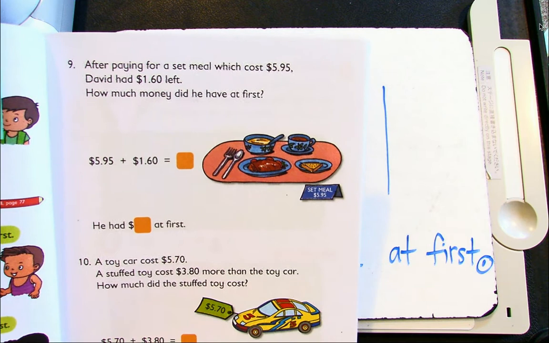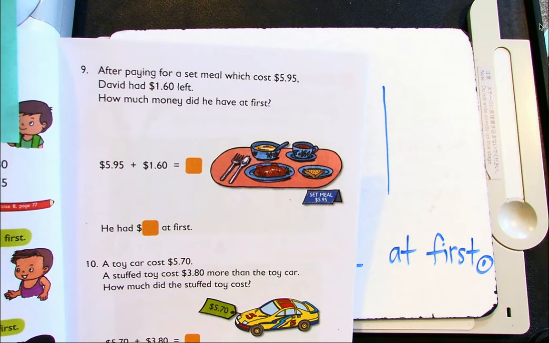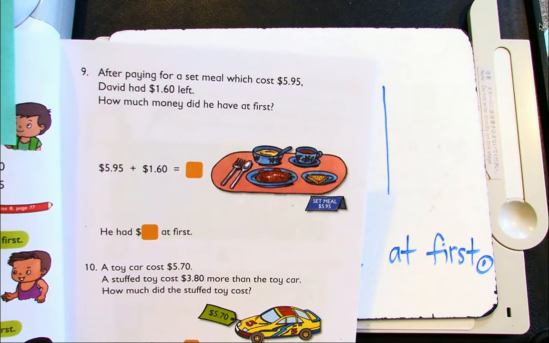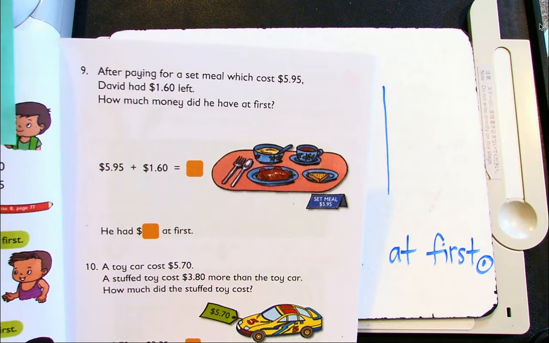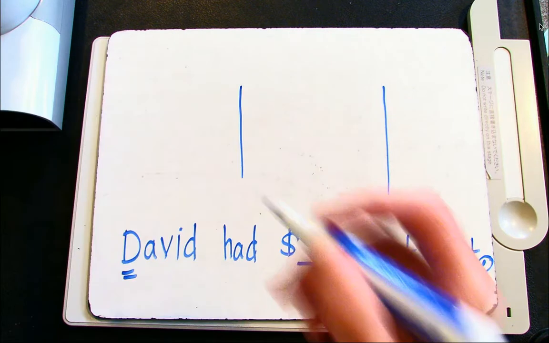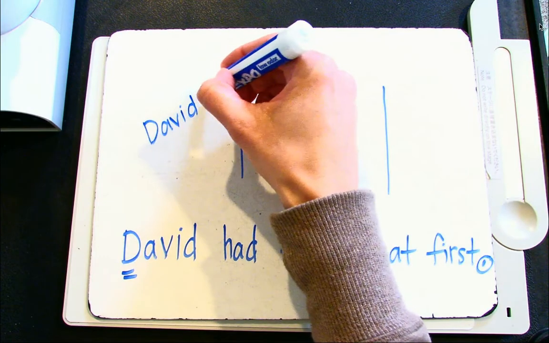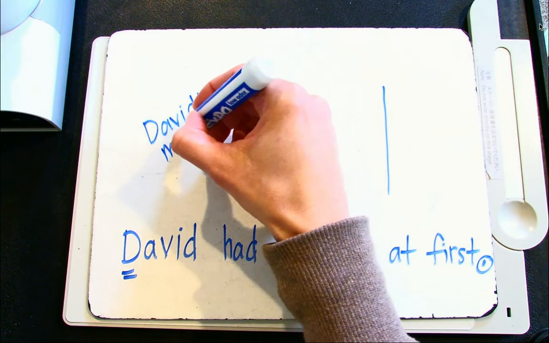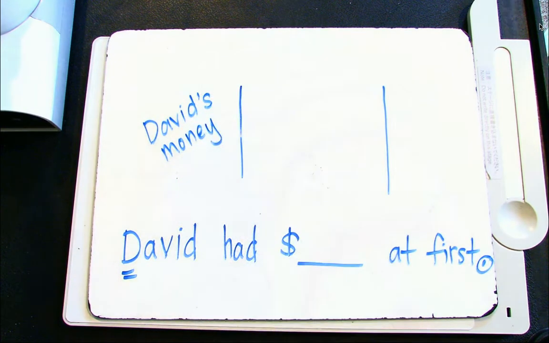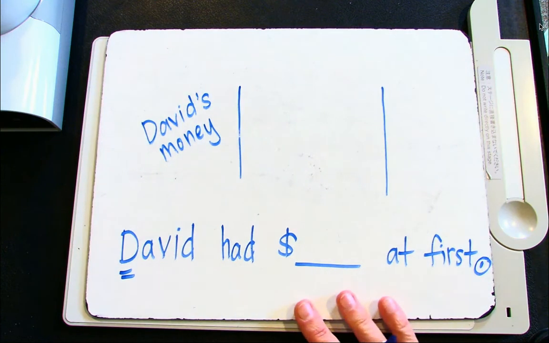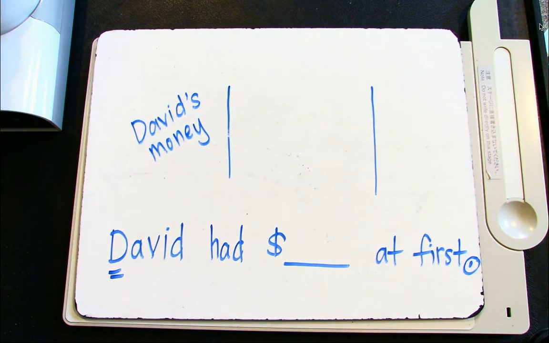Hi, David. How you doing? Alrighty, so we're talking about David, and we are trying to find out how much money David had at first. So this is our who and our what. So we have David's money. David's cashola.